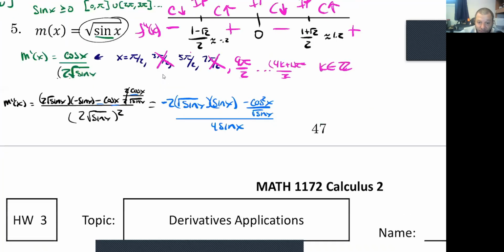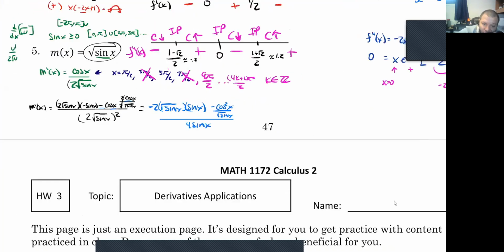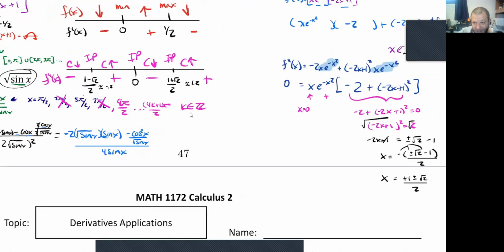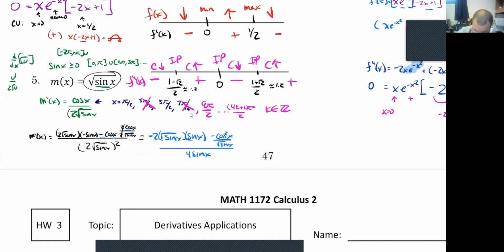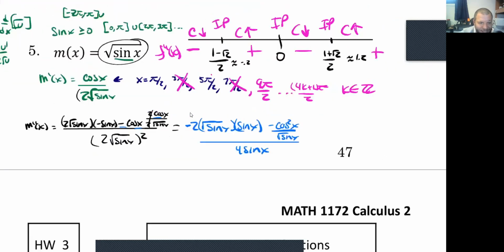That would be our second derivative. So same issues: the denominator is going to be 0 whenever x is in any of those excluded intervals. And this numerator is going to equal 0 at some points. So I'm just going to graph this thing and find our values because I'm getting tired of doing long derivatives, as I'm sure you are.